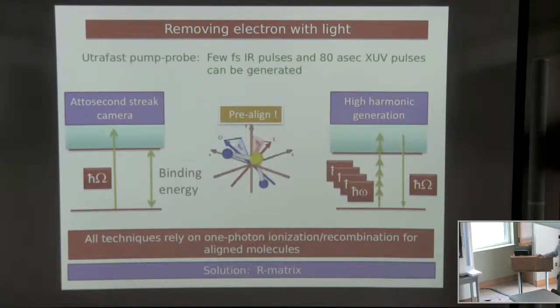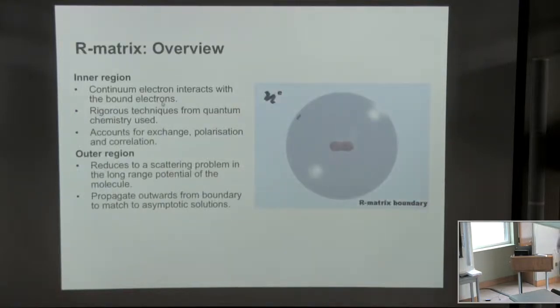So with this goal in mind, we decided to adapt our R-matrix codes to treat this situation. Jonathan gave a very nice overview of the R-matrix method yesterday, so I don't know if I really need to say too much about this.